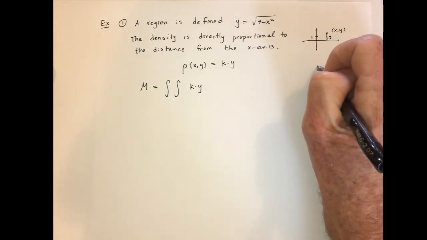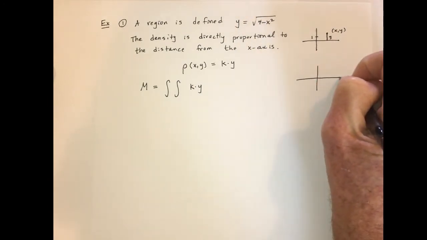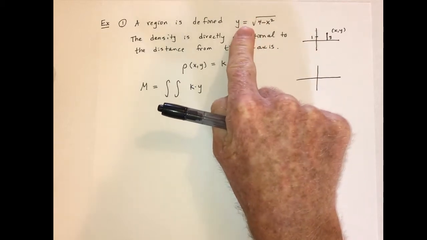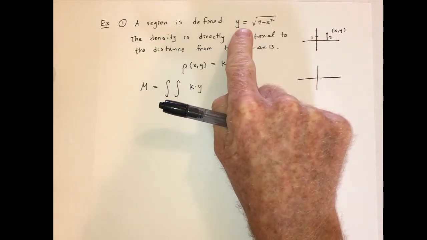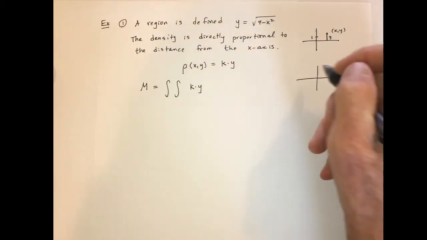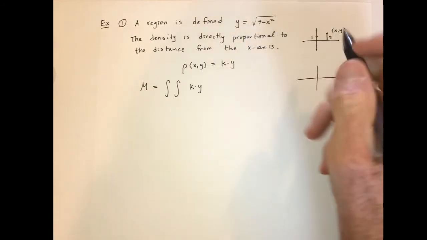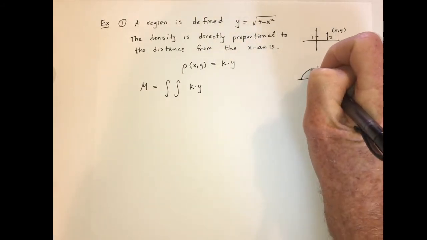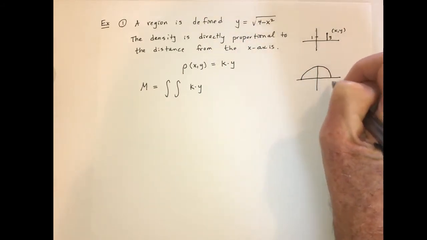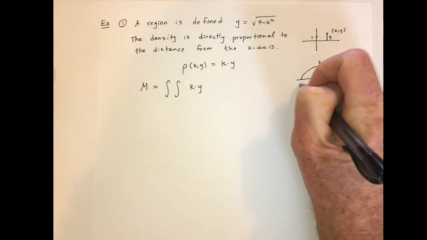So this thing, if you square both sides and you move the x squared to the other side, it's going to say x squared plus y squared equals 4. So that would be a full circle. But because it's only using the positive square root, that means that it's the top half of the circle with the radius of 2.